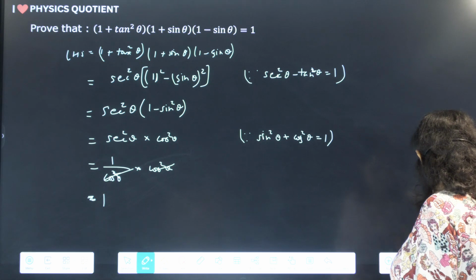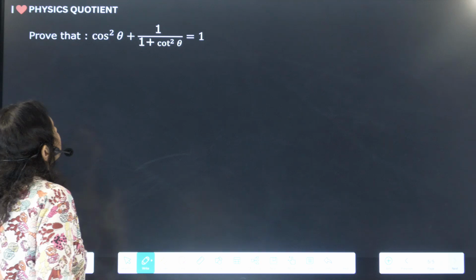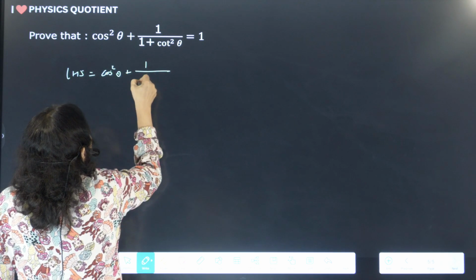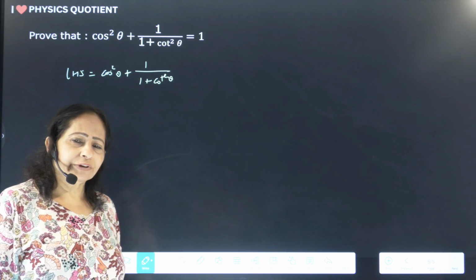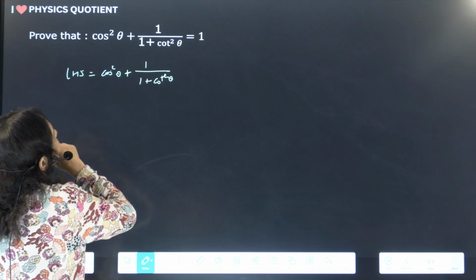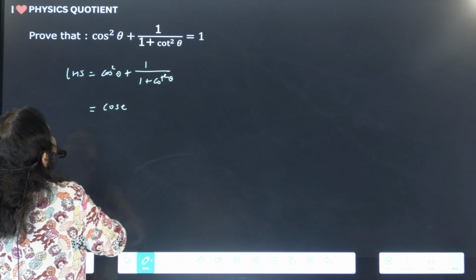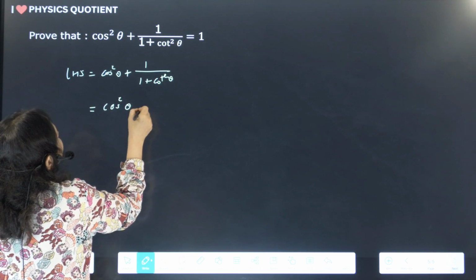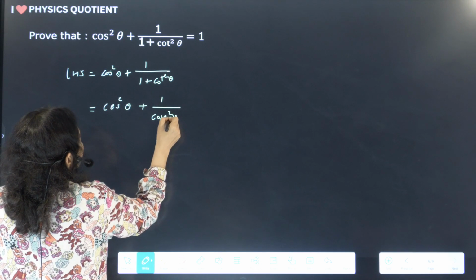Another question. Prove that cos square theta plus 1 upon 1 plus cot square theta equal to 1. LHS equal to cos square theta plus 1 upon 1 plus cot square theta. Now as we know, cosec square theta minus cot square theta is 1. So 1 plus cot square theta will be cosec square theta. This equal to cos square theta plus 1 upon cosec square theta.